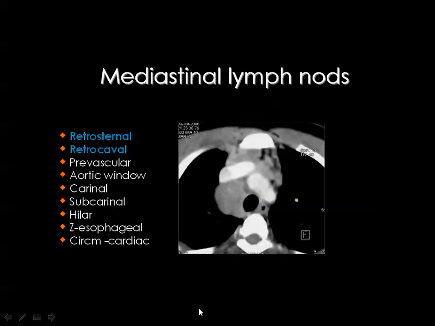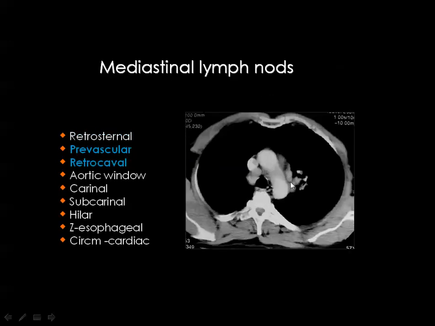And you remember I have mentioned the nine groups of mediastinal lymph nodes in the previous lecture of CT scan of the chest, and we'll revise them very quickly. The retrosternal group of lymph nodes are located behind the sternum. The retrocaval lymph nodes are located behind the superior vena cava.